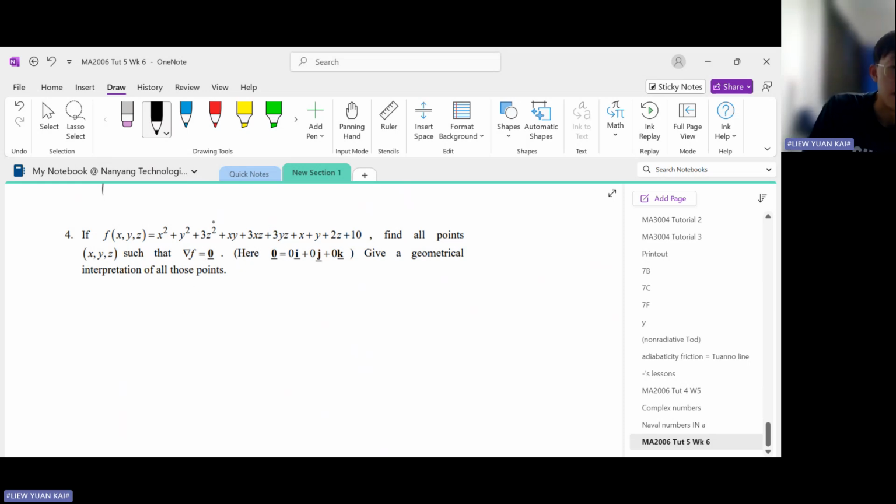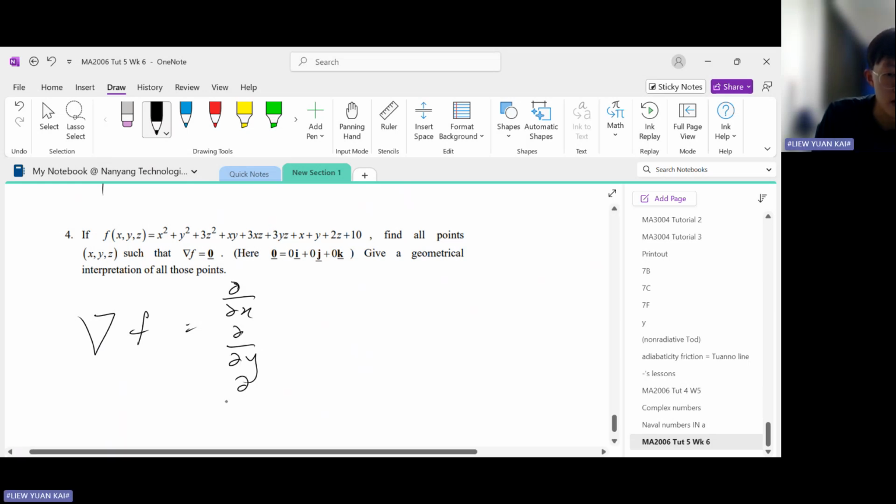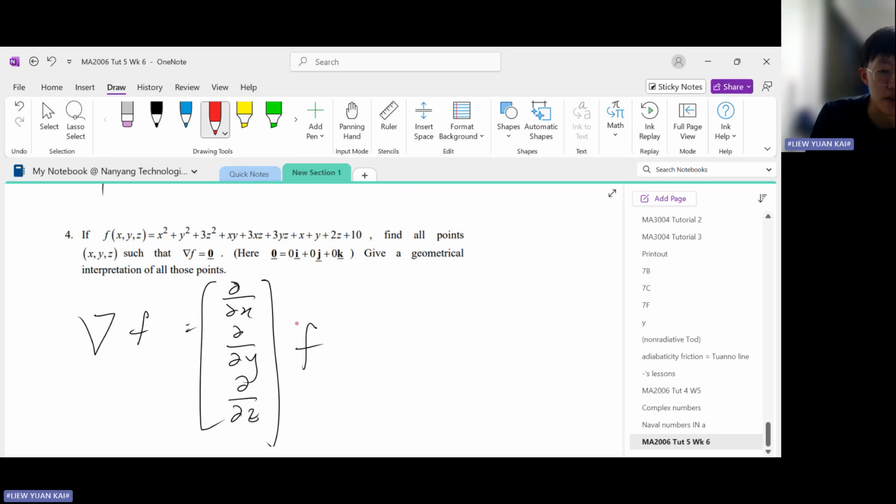What you need to do is find the nabla of f. Replace nabla with its definition, namely partial derivatives in each direction, and treat this as a scalar multiplication. Just expand it, like how you would expand a normal column vector.